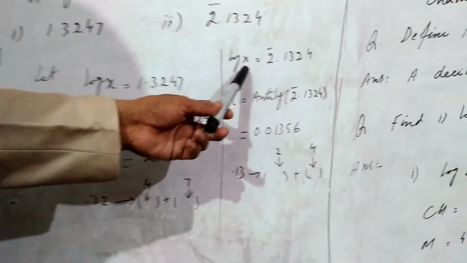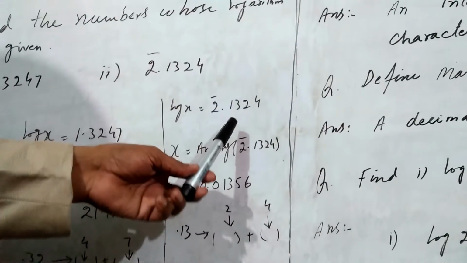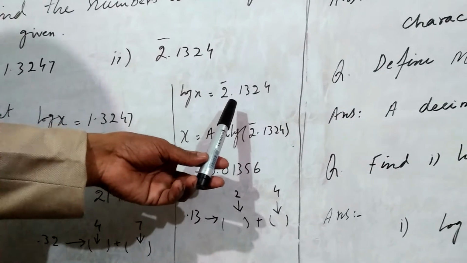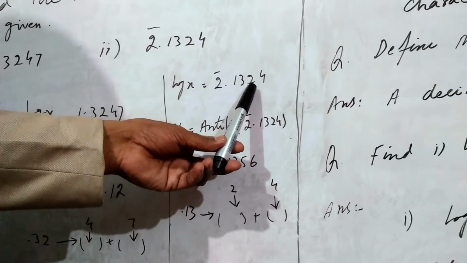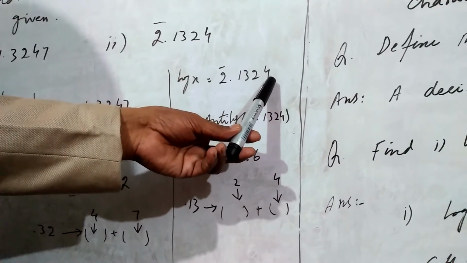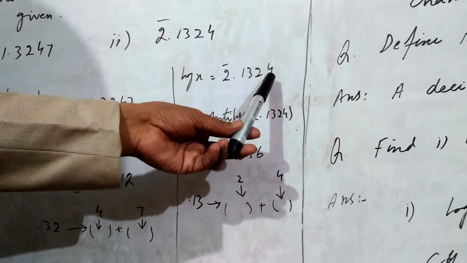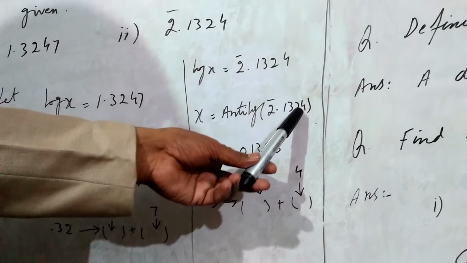In part 2, log x is equal to minus 2.1324. So we have to see the value of 0.13 below 2 and below 4. 4 is the difference column. By adding these two values, we get 1324.